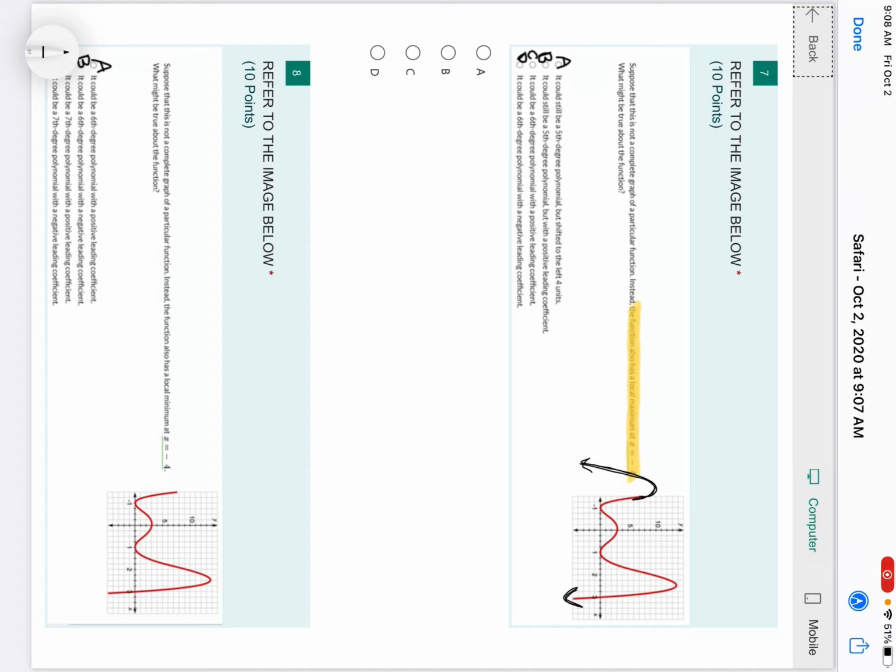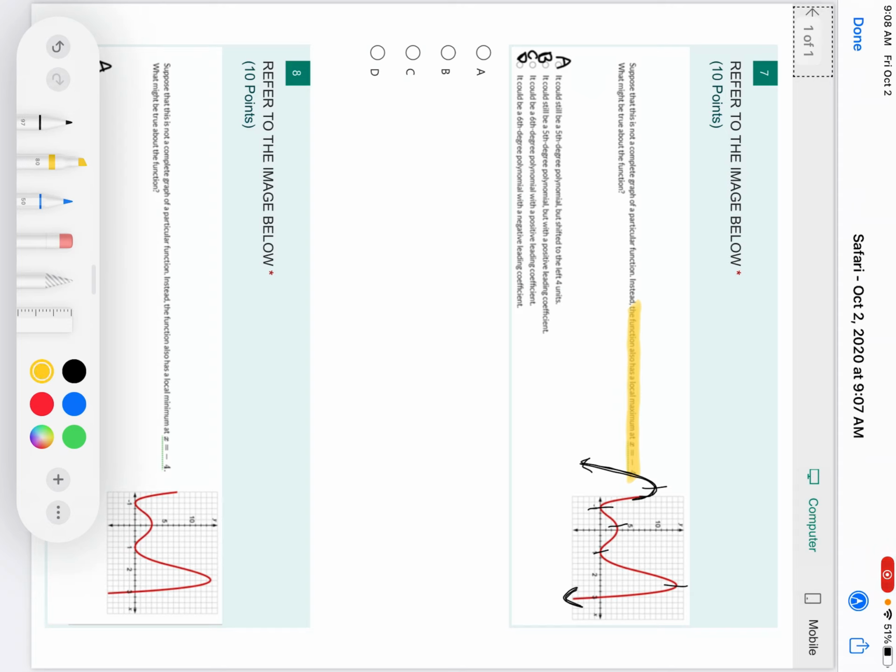So that extra local max changes my graph completely. Both ends are now pointing down. Okay, we have 1, 2, 3, 4, 5 max or min values. So use what you know with your max and min values. Remember, add one more and you get your degree. Use the trick when both ends are in the same direction and they are both pointing down.